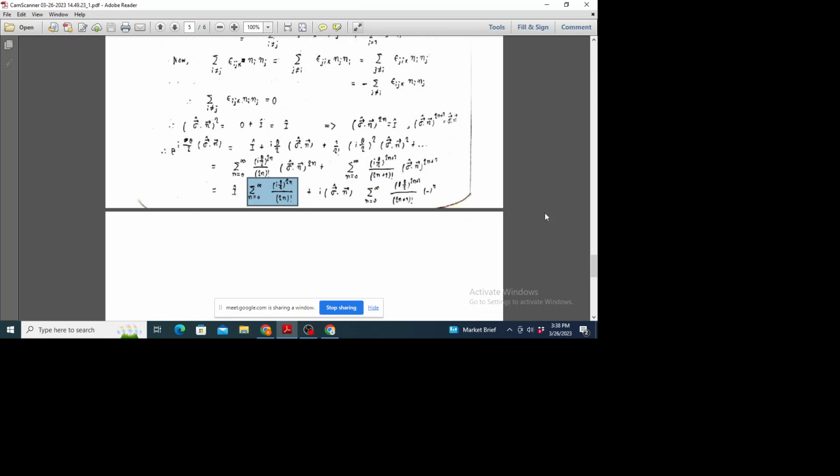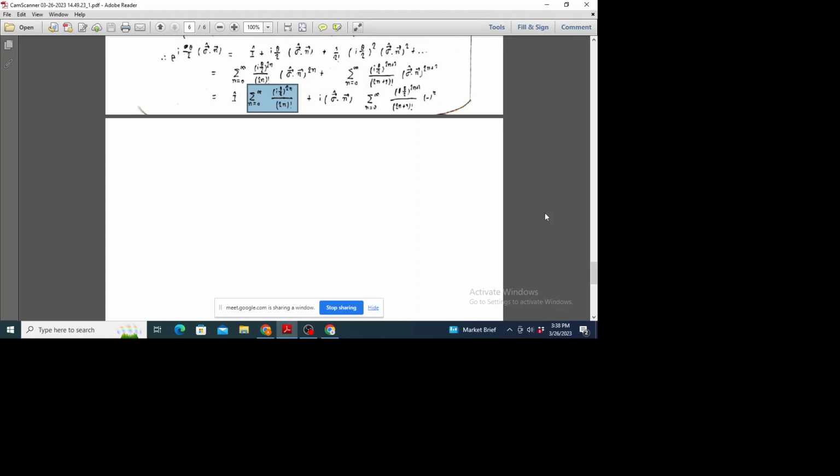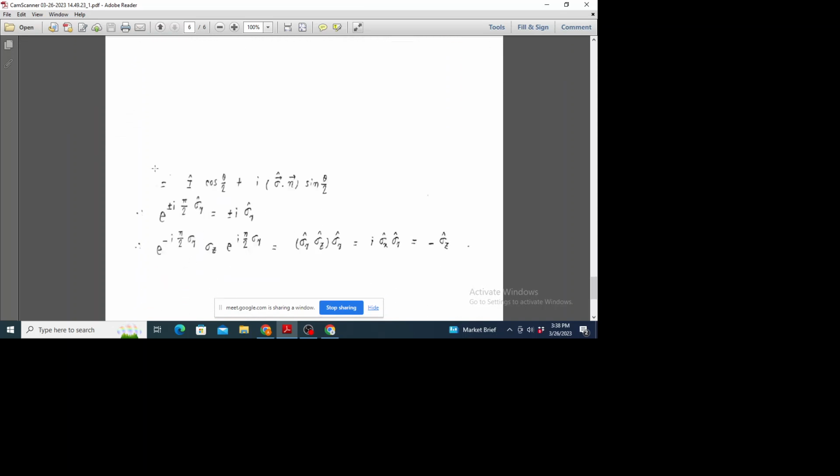So this is just two complex series, and we can recognize that the first one is the expansion for cos theta by 2, and this is the expansion for sin theta by 2. So collecting all these things, our final result is this.